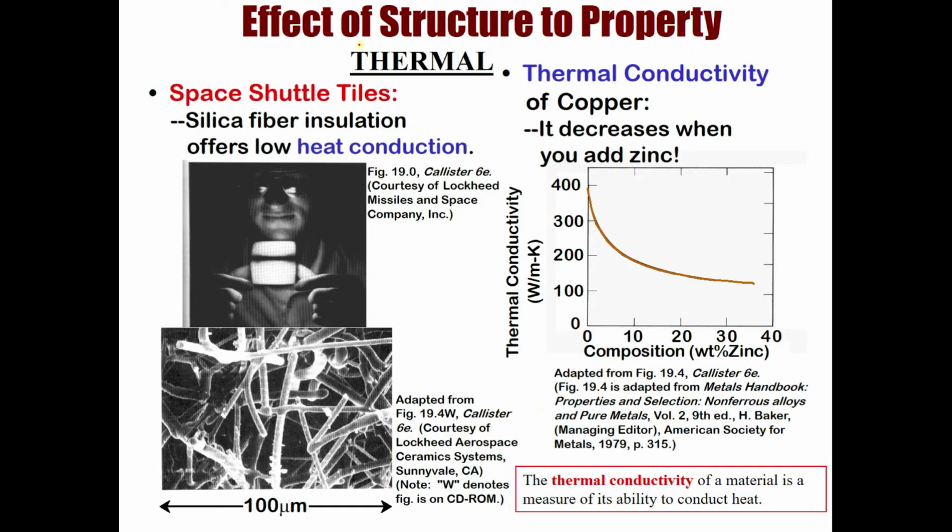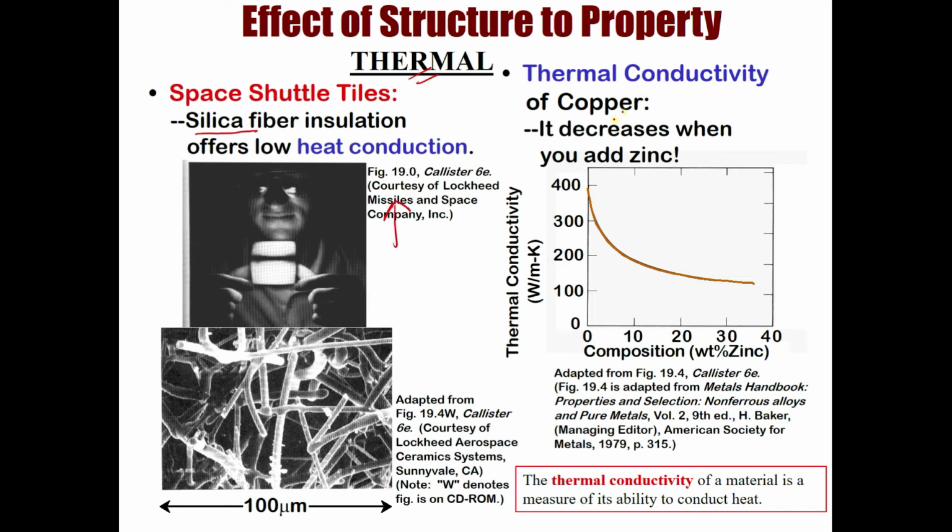Third, effect of structure to property for thermal. For this one, an example for composite, when you add silica fiber for insulation. Adding silica, which is a ceramic, decreases the heat conductivity. So it increases the insulation properties of the material for space shuttle tiles.